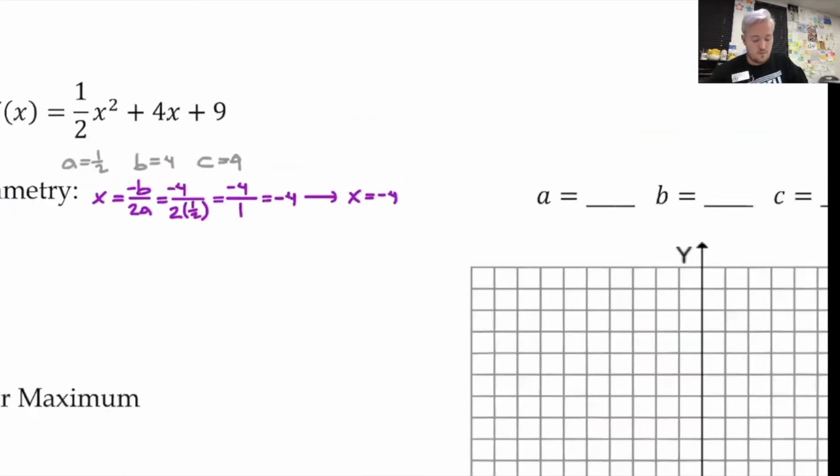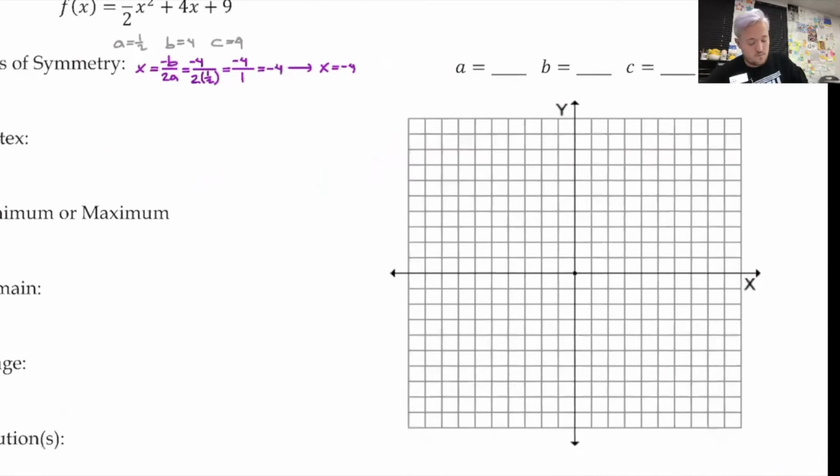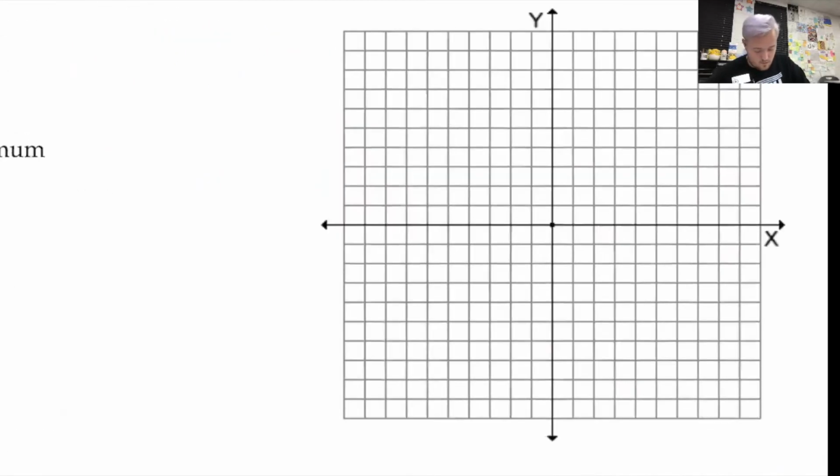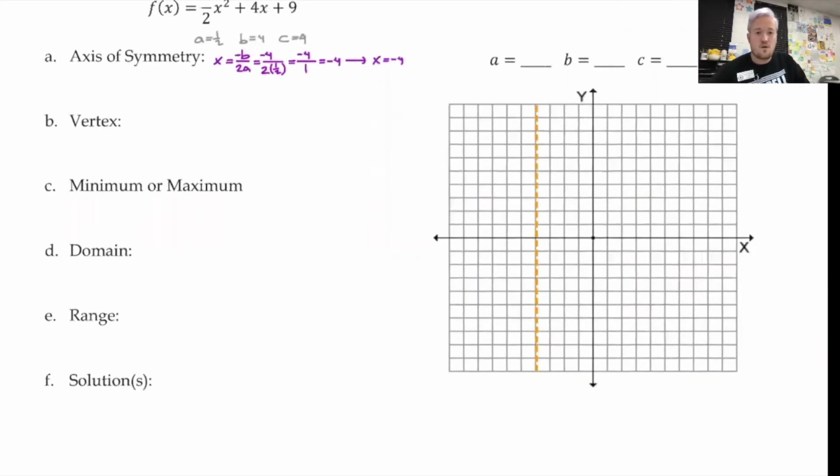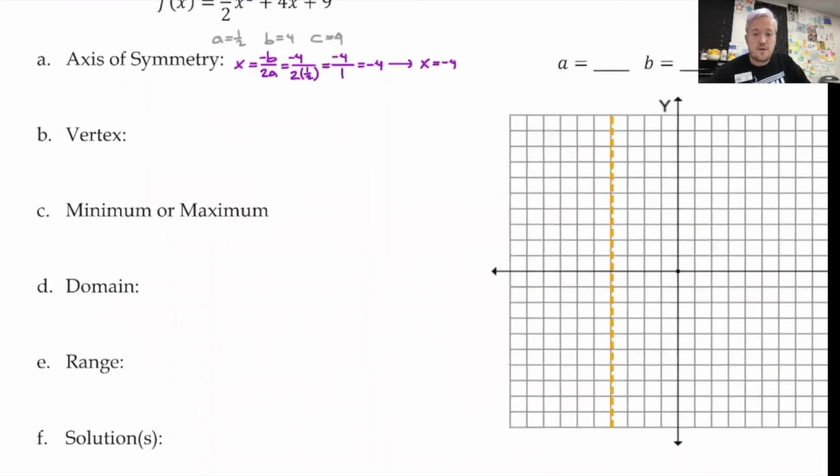All right, so now I'm going to draw that vertical and dashed line at -4. I recommend making it a color that pops a little bit so you can actually see it. All right. So now I need to find the vertex.